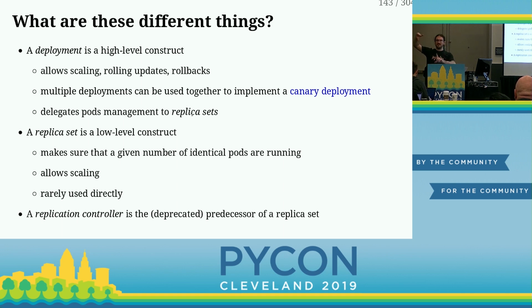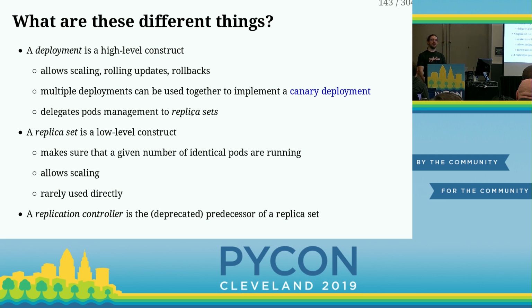So I have a pod specification, and then I have something bigger than that, and that thing is a replica set. A replica set is a pod specification and a number. So the replica set will help me to scale things fairly easily. To simplify things a little bit, we could say the mission of the replica set is to make sure that I have that many pods with that specification.